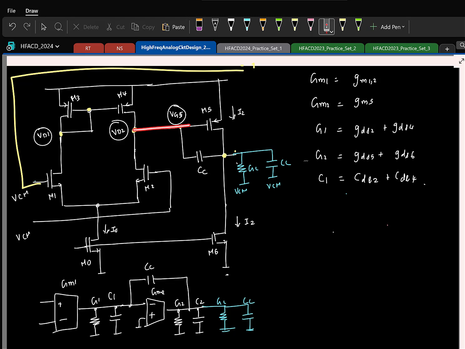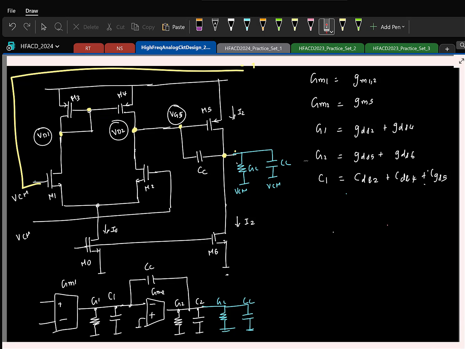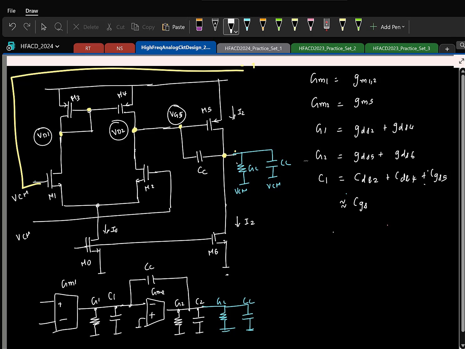And what about M5? You have gate to source of M5, right? And you will also have something due to the CGD of M4. It's not trivial, but finally, in a MOS transistor, which parasitic capacitance is usually the highest? Gate to source, right? So typically this will be completely dominated by CGS5. Okay.